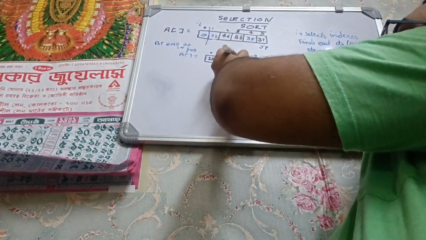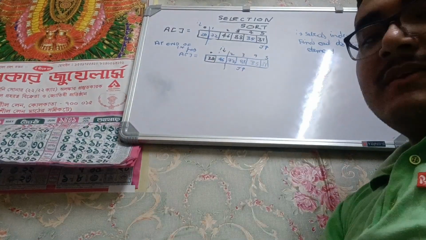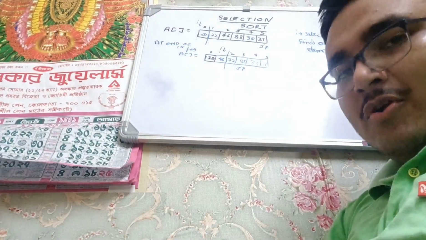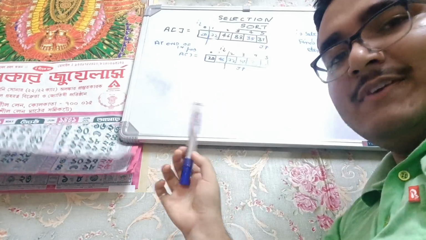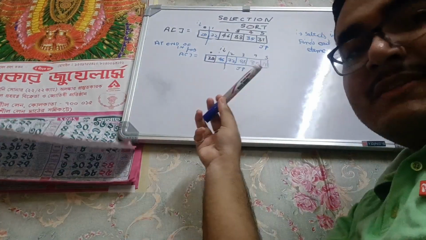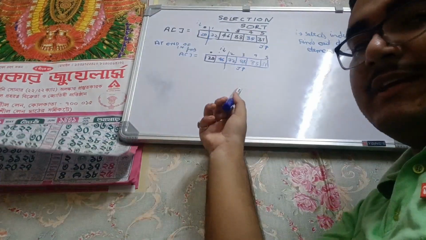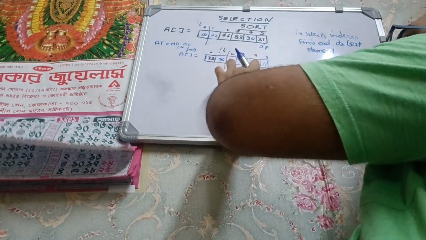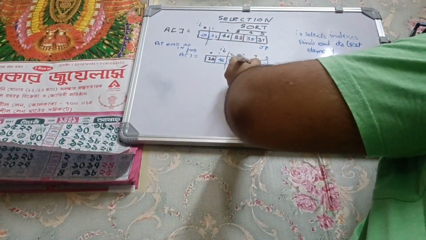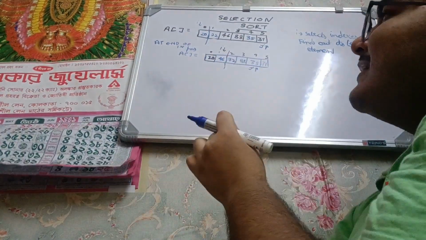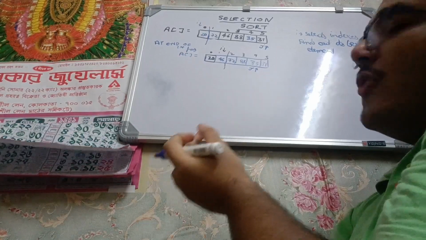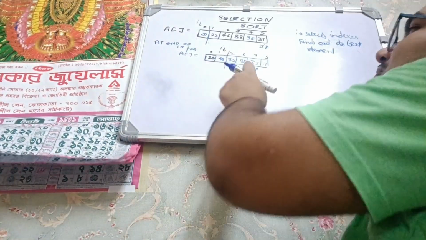Is 46 greater than 88? No, 46 is not greater than 88, definitely, and 46 is coming before 88. Fine. So j moves to the next. Is 46 greater than 35? Yes. So 46 should come after 35, so we swap them.